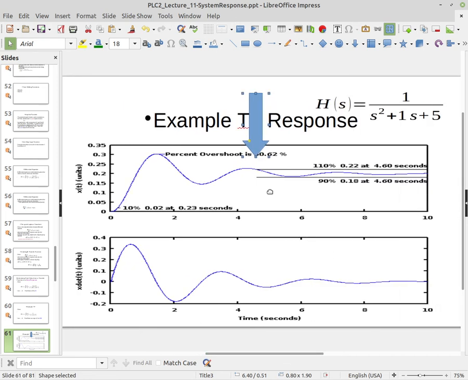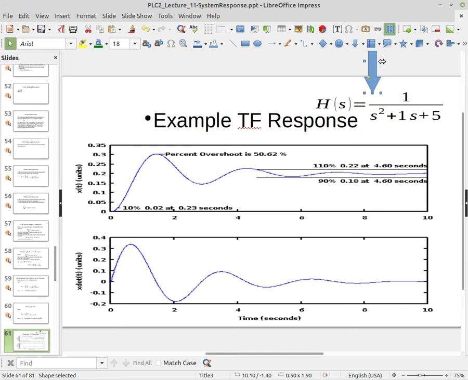Okay, but the other interesting thing that we can tell from this transfer function is the final value. Notice here, if you let s go to 0, remember s represents a frequency. And so if s is 0, that means DC, direct current, no frequency, no oscillations.